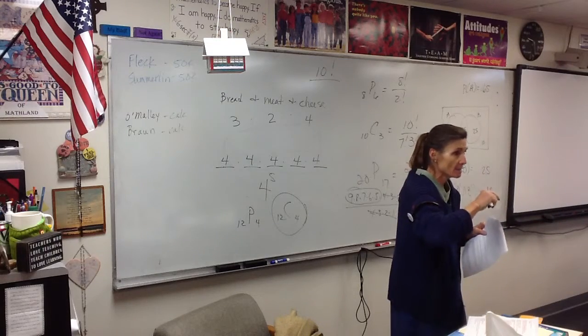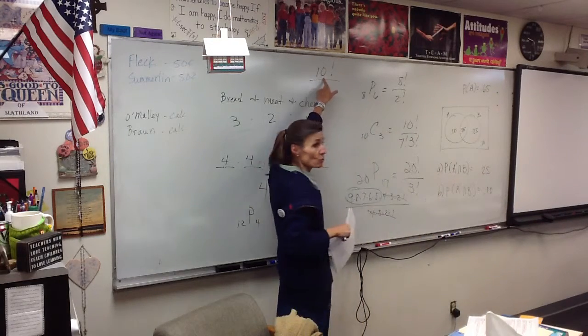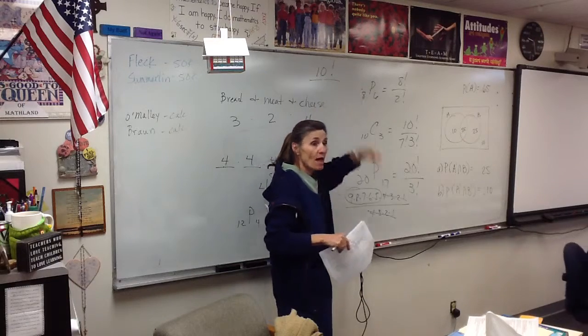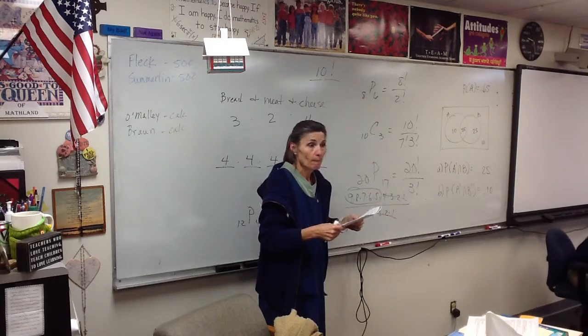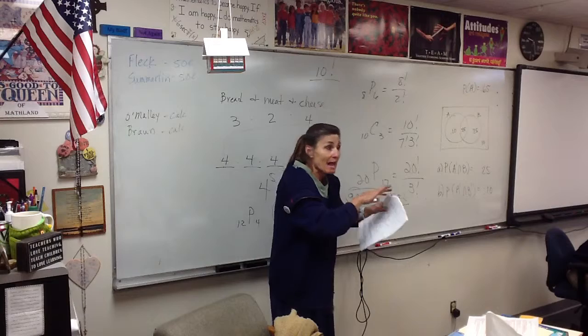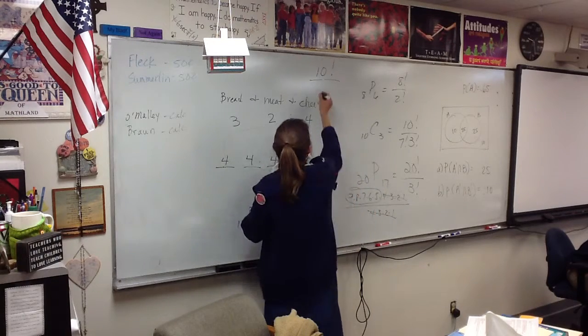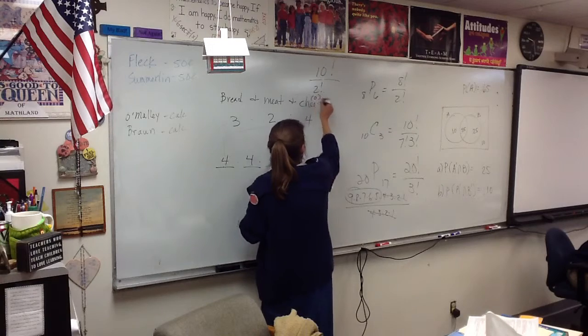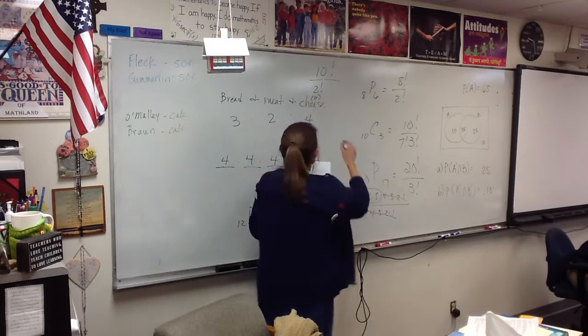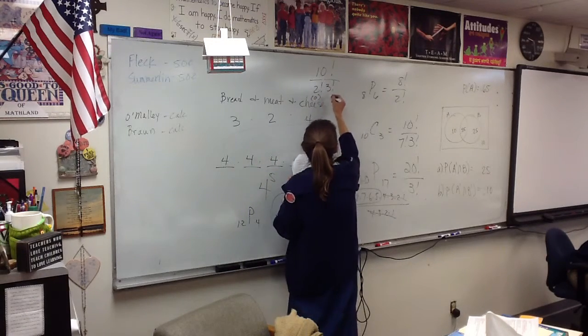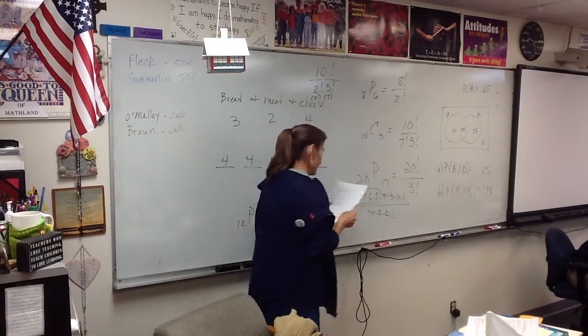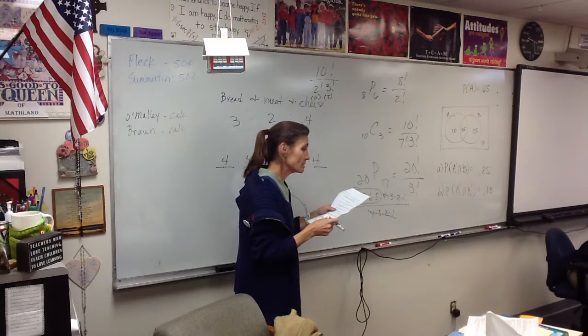We have 10, so we start with 10 factorial. Then what do we have to do? Divide by anything that's repeated. So I see 2 O's, 2 T's. Oh, 3 T's. Is there anything else? No.